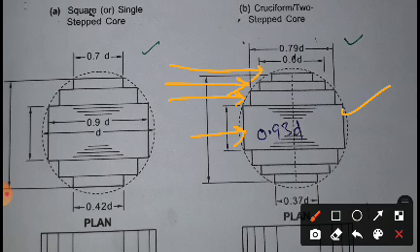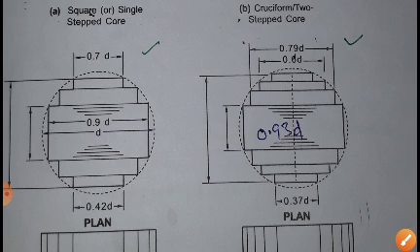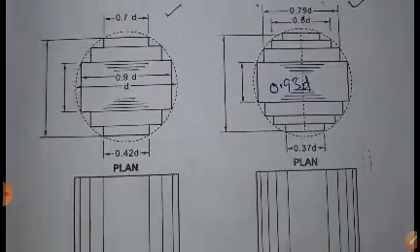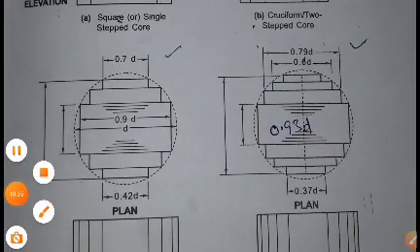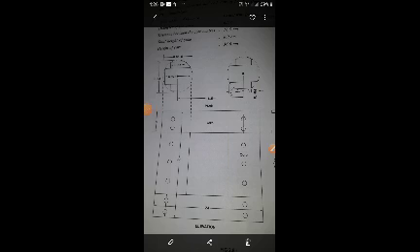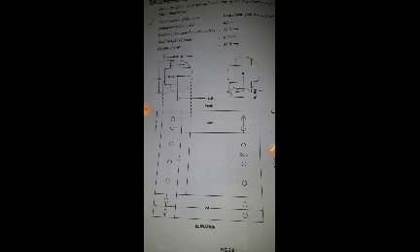Okay, now let us see another example. Let us see, given one example, what is the question? Draw the plan, elevation and end view of a single phase transformer cruciform core as per the given dimensions.